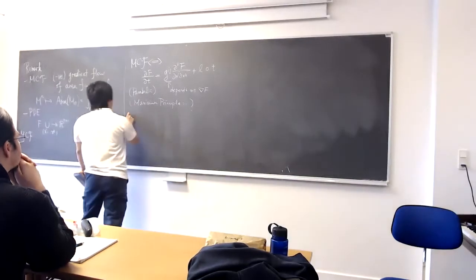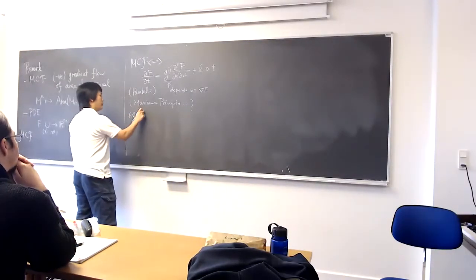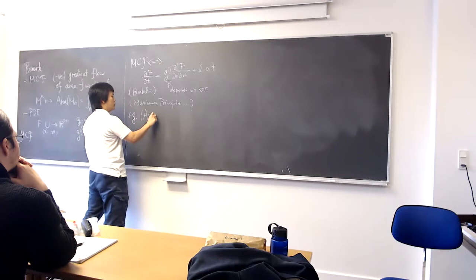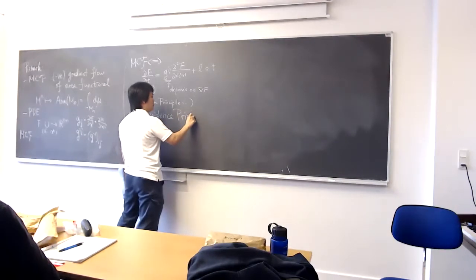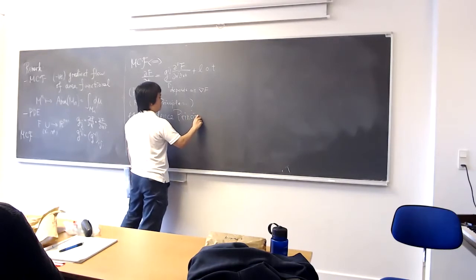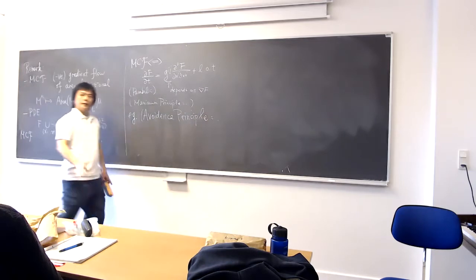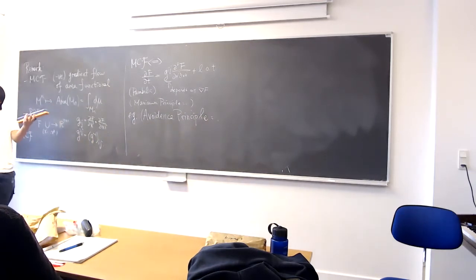So, for example, we have this avoidance principle. Basically, it says that if you have two embedded surfaces, and then you start the mean curvature flow, if initially they're disjoint, then they will not intersect each other at later times.